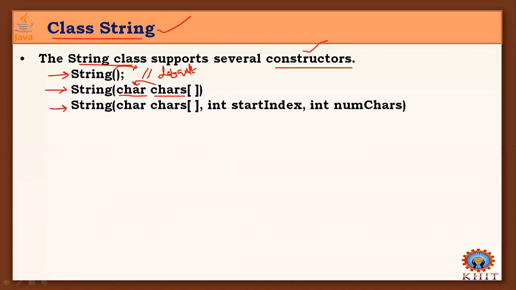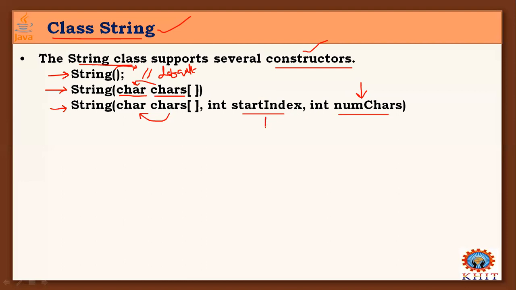Another one is the constructor with a character array object and two index values: a start index, and one integer parameter for how many characters to consider from this starting index.